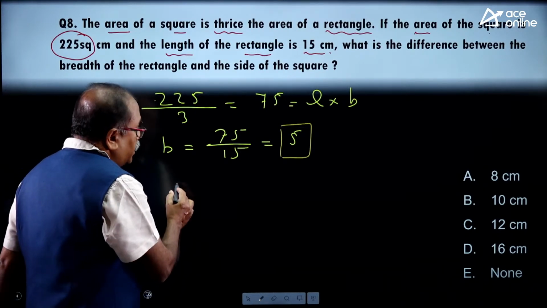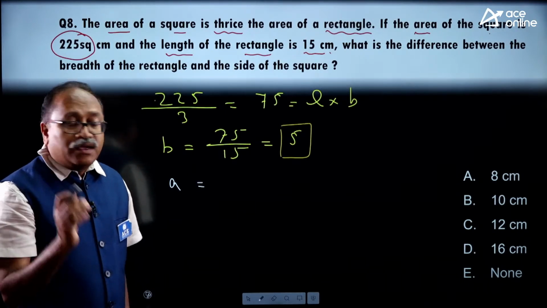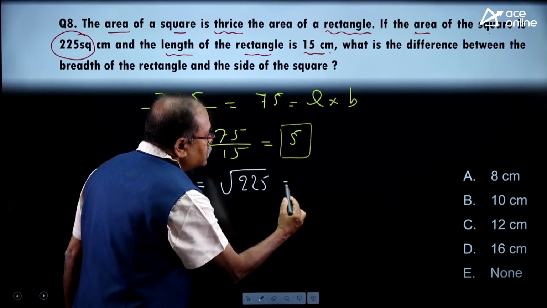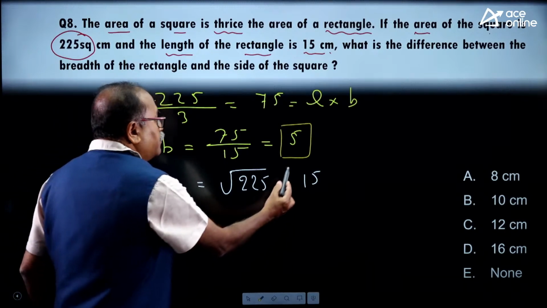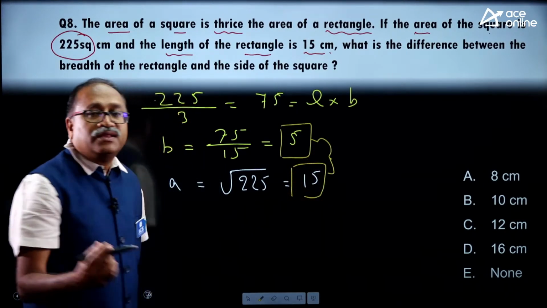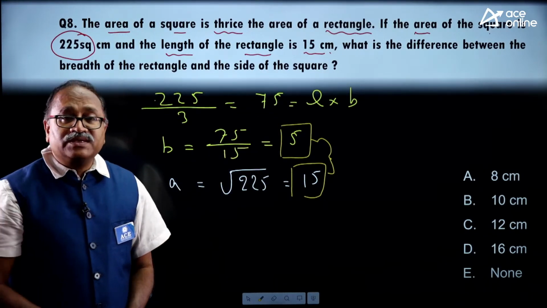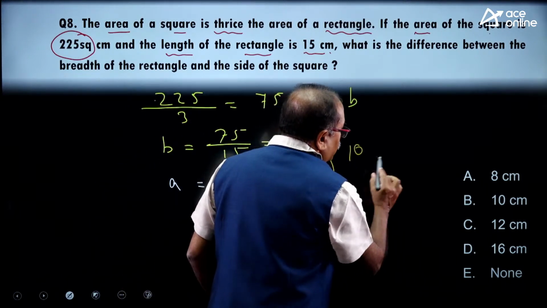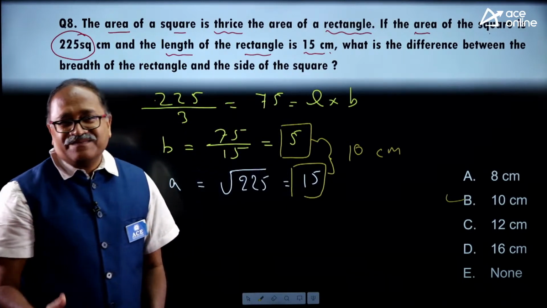Let's take the side of the square, which we usually consider as A. A is equal to the square root of its area, that is 225, which is nothing but 15. So I got the second figure also. I need to find the difference between the first figure and the second figure. It is visible that the difference is 10. So my required answer is 10 centimeter. That's your answer, option B.